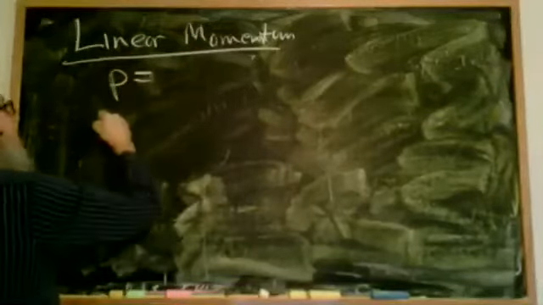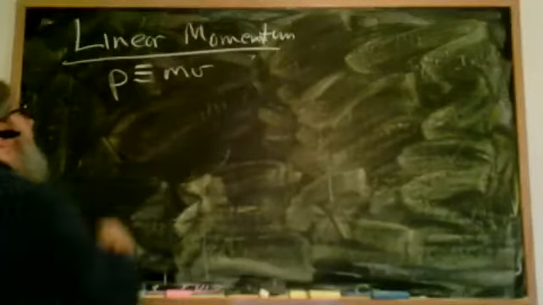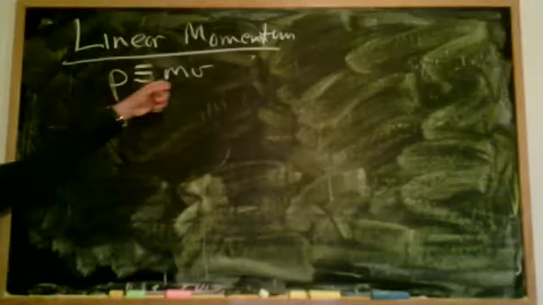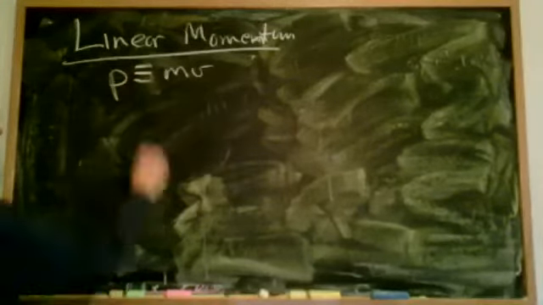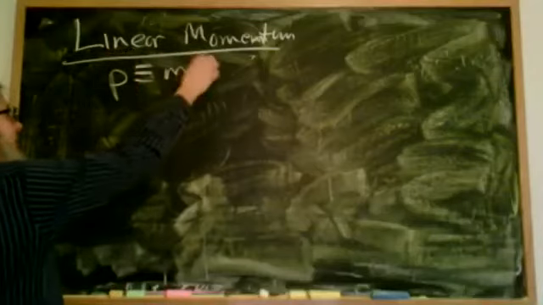P is defined as m times v. And for now, I'll just leave these as scalars. But of course, in general, there's a vector on top of P and v.